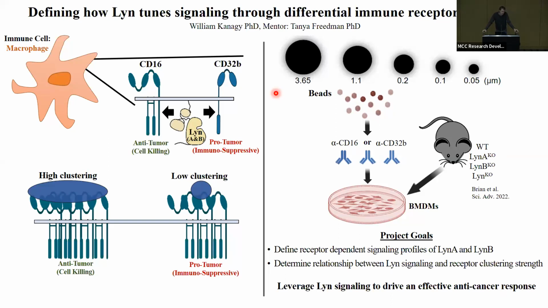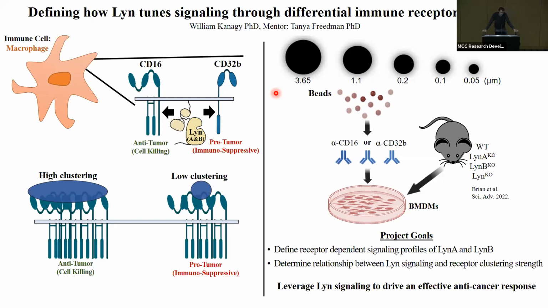In cancer, however, there's this duality that's seen within macrophages. You can have an anti-tumor effect or a cell killing capability, but you can also have an immunosuppressive effect that has been characterized. Understanding this duality is really the crux of my project.